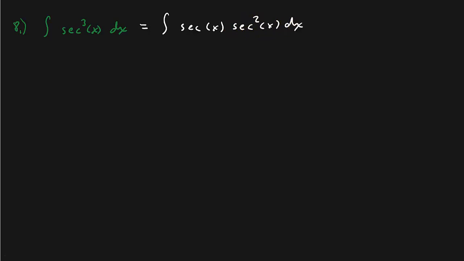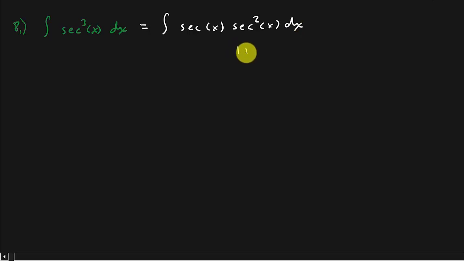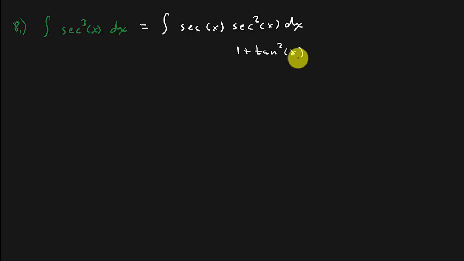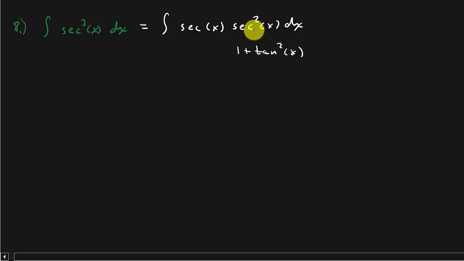Now, remember, secant squared is 1 plus tangent squared, but I don't think that's really going to do us any good, because the derivative of tangent, we wouldn't have this term anymore. We would just have this and secant x, and the derivative of tangent is secant squared. So that's probably not going to do us a whole lot of good.